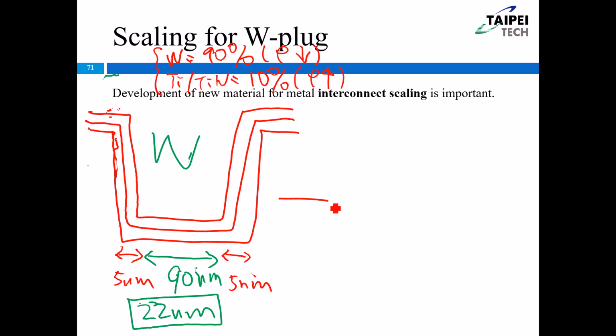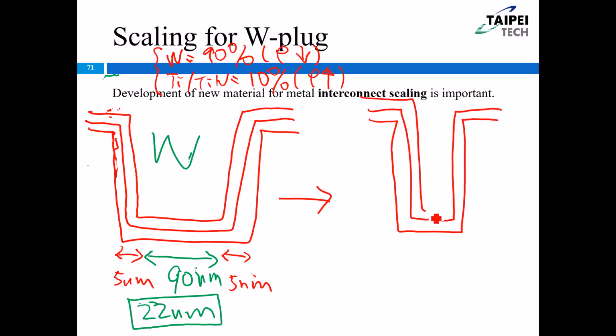But what happens when the technology node is moving forward? When the scale down happens, the structure changes.